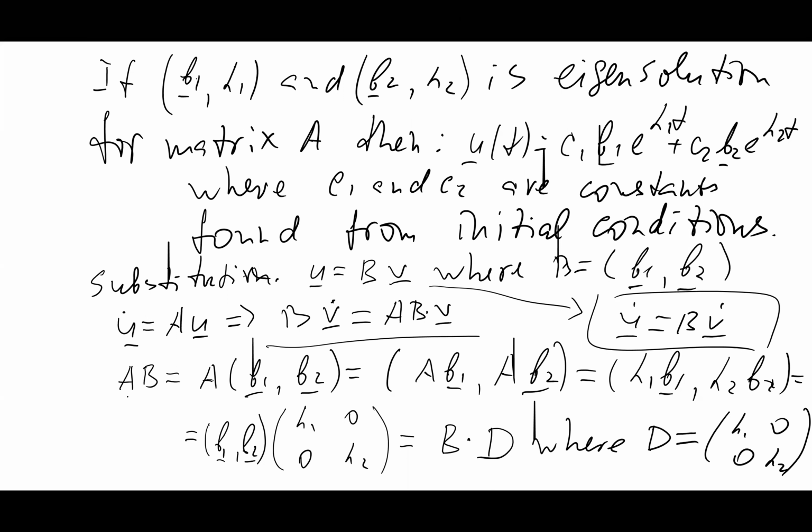Thus, what we got is AB equals BD, and therefore, getting back to this, BV dot equals ABV, which now equals B times DV.